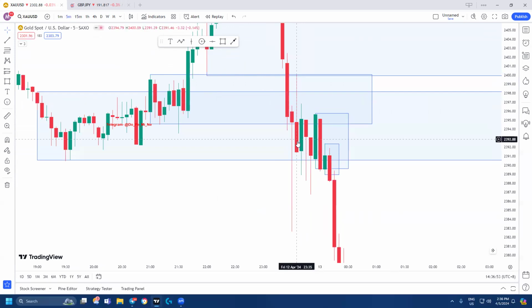In the M15 zone, M5 broke, right? Sorry, in M15 it's not broken. Current market price, it's not broken. If M5 breaks also, we need to consider it as a breaker.